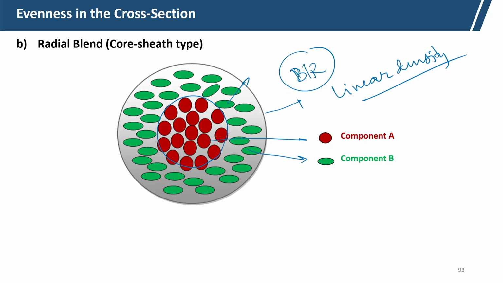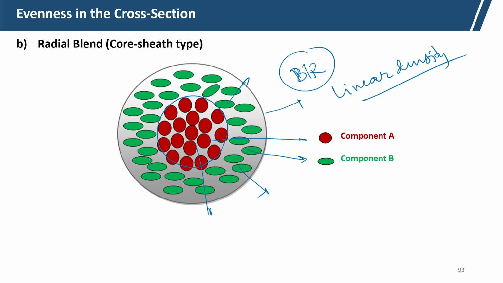Or even a fiber with different bending rigidity will come into the sheath. And even with fiber length, if we mix different fiber lengths in the yarn, the longer fiber will try to migrate towards the center, and the shorter fiber will try to migrate towards the sheath.